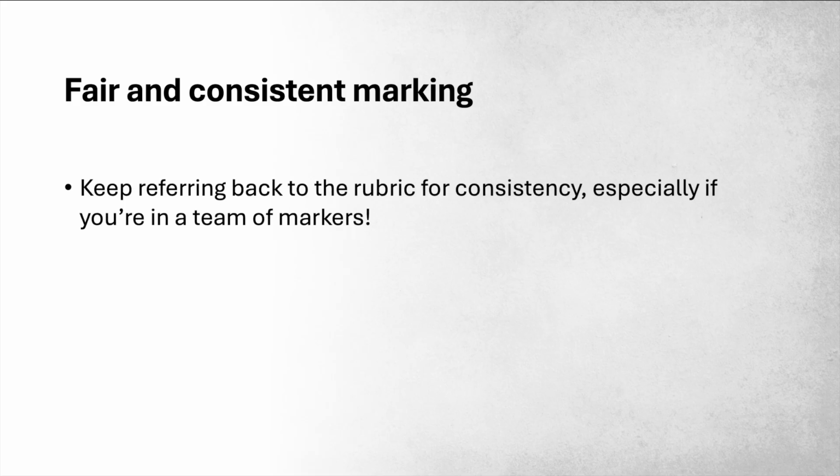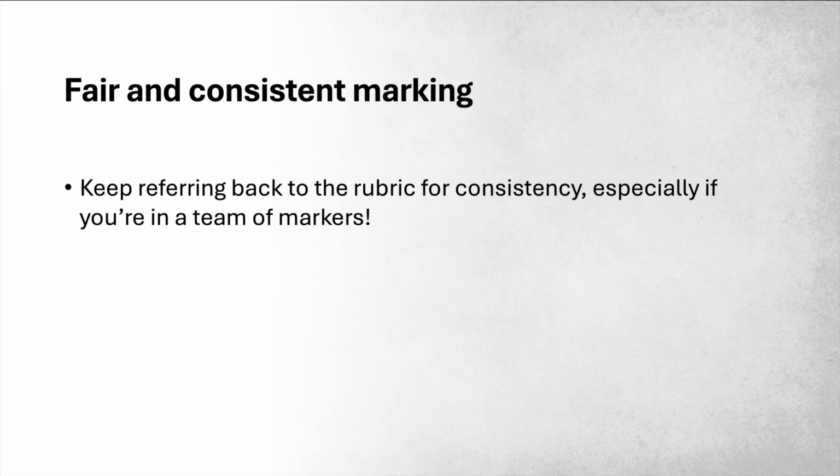Planning for fair and consistent marking. So we're finally at the marking, and you might be doing this alone as an individual, or the cohort might have been shared among a group of assessors. Either way, to ensure fair and consistent marking, it's important to plan your approach in advance. Use the rubric consistently. Keep referring back to it so that each criterion is applied in the same way across all submissions.